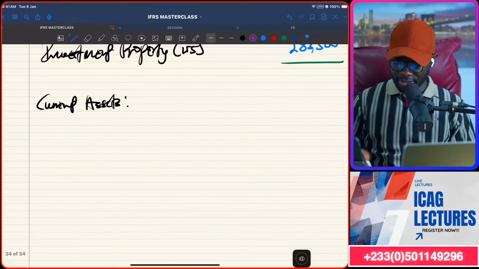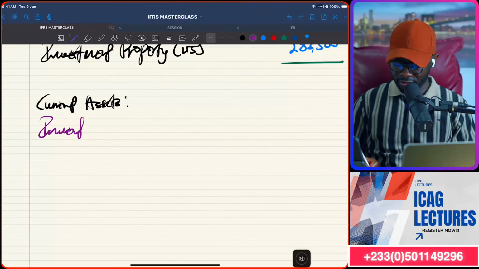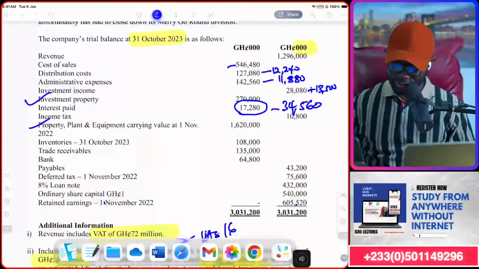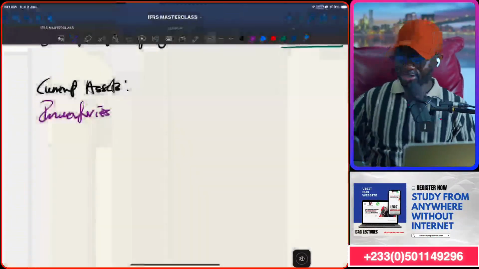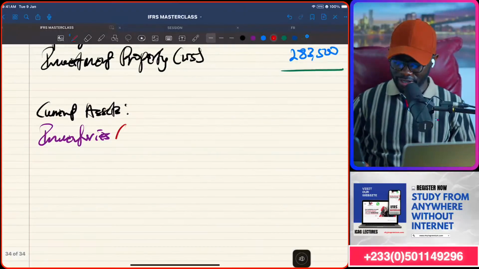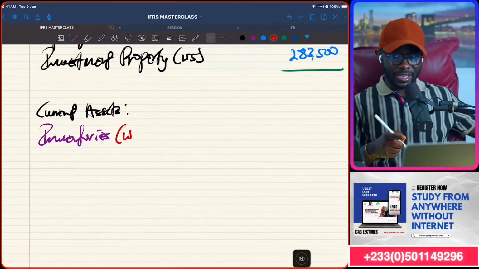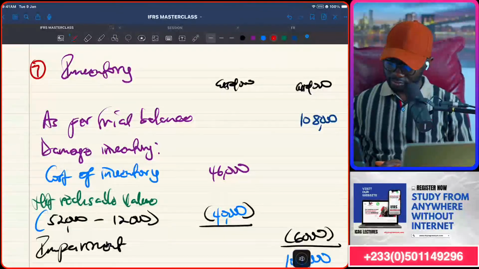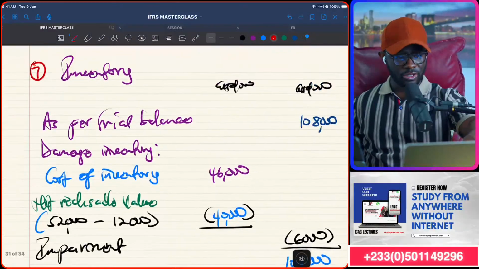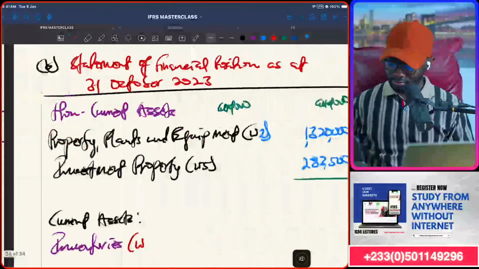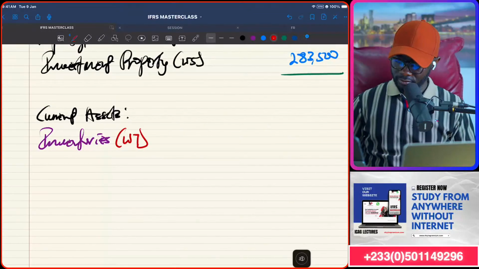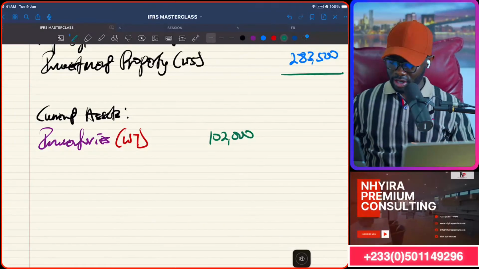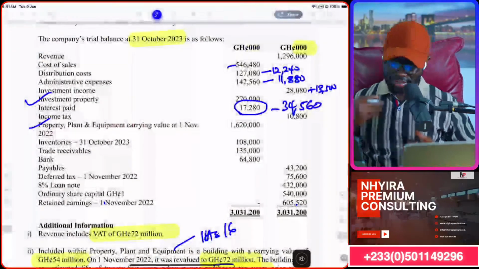Under current assets, we bring the inventories. We worked for that, so we're going to bring in the value we got, which is the 102,000 from working 7.